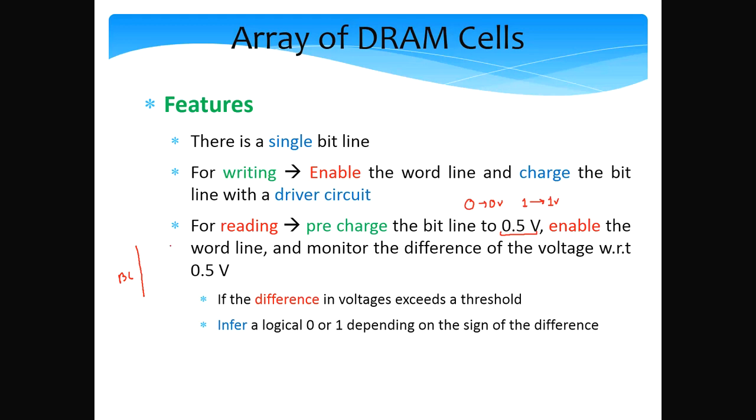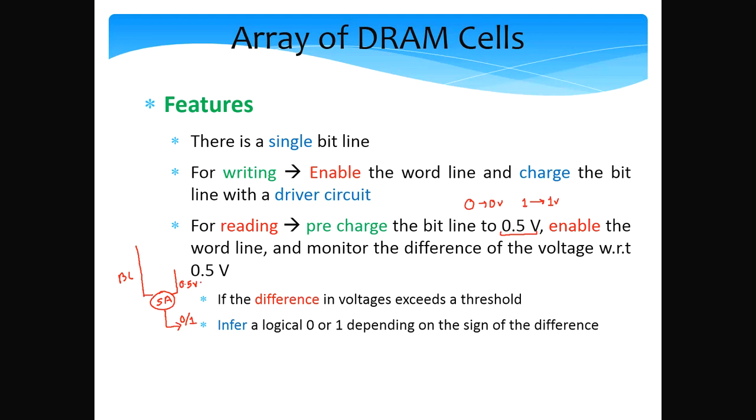If this is the bit line, we will have a sense amplifier, which is essentially a comparator, and the other signal going into it is a fixed signal, in this case of 0.5 volts. So we essentially monitor the difference, and the idea is the same. Once the difference exceeds a threshold, we declare the result, whether it's a logical 0 or a logical 1. And what is the threshold?